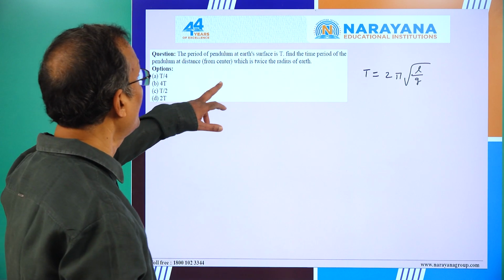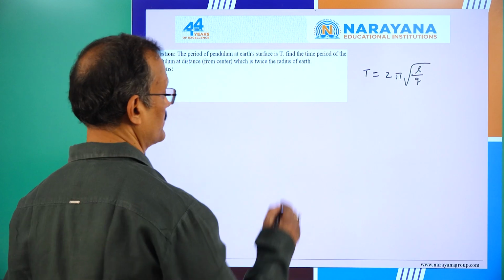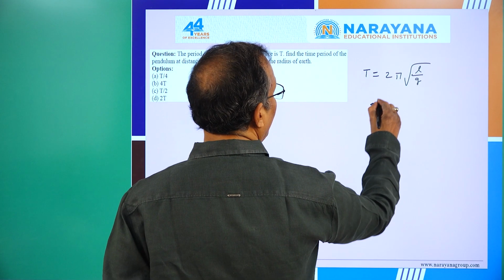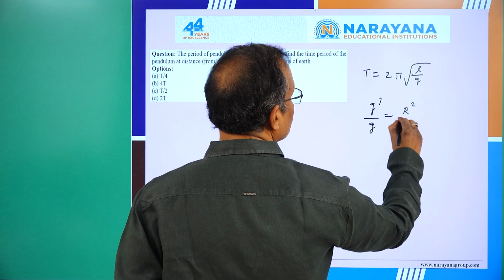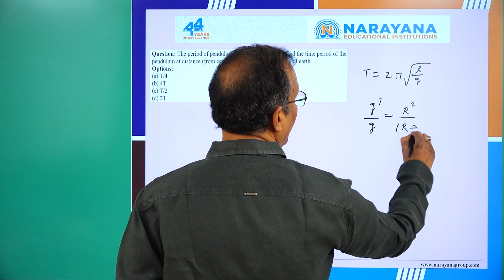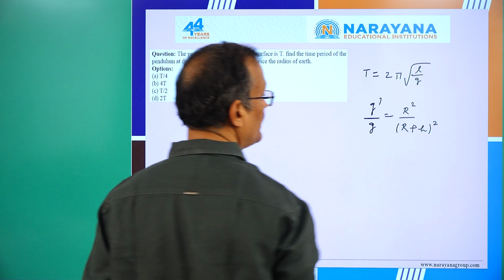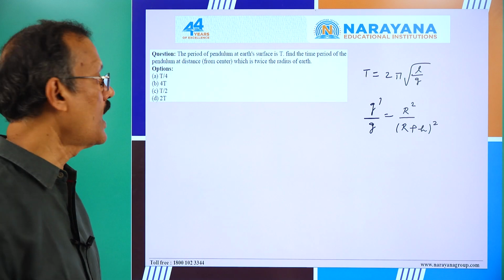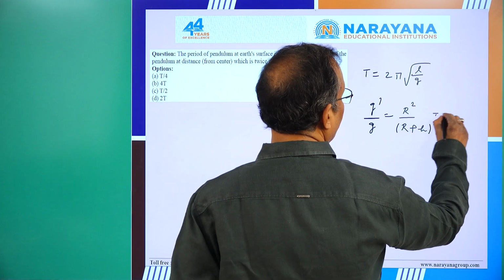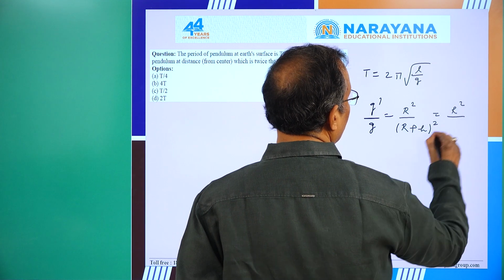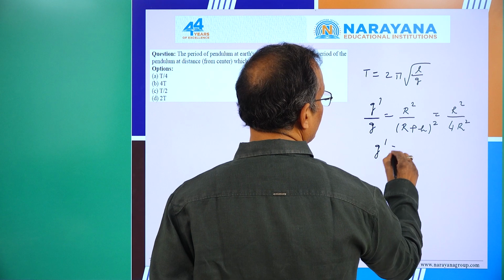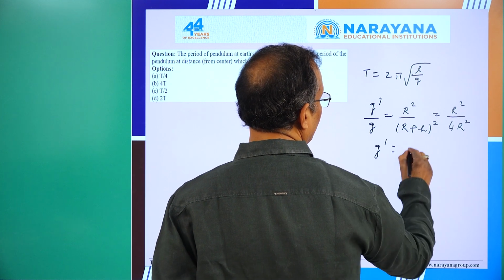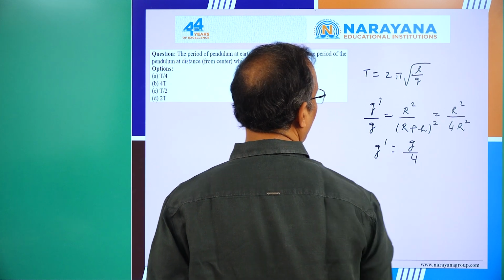You have to go to twice the radius of Earth. We know altitude effect, g dash by g equals R squared by (R plus h) squared. h they have given you R. So this will be R squared by 4R squared. So g dash will become g by 4.